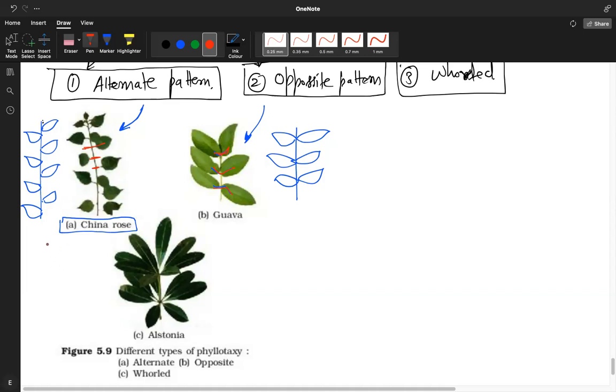You can also write some more examples like mustard, sunflower. Write down: in opposite pattern, a pair of leaves arise at each node.